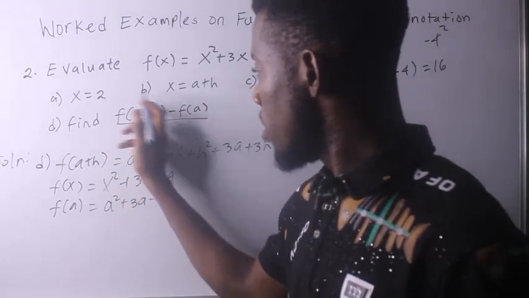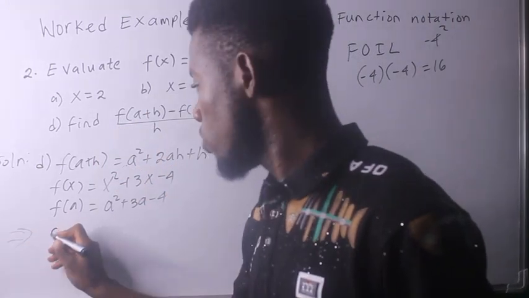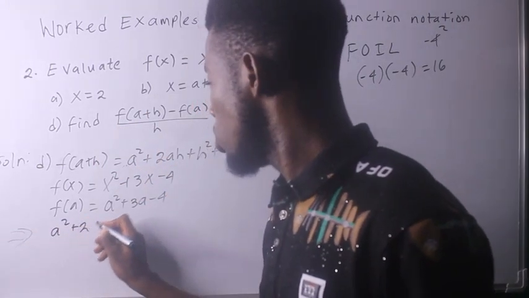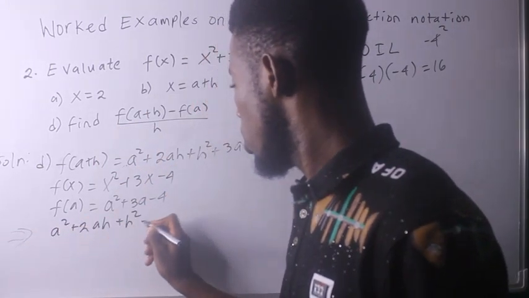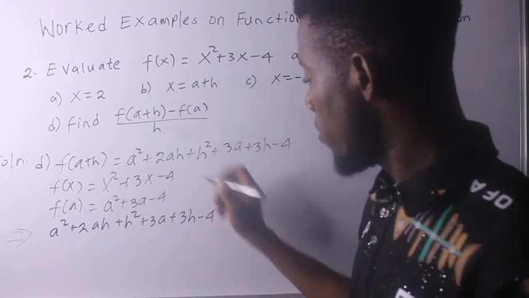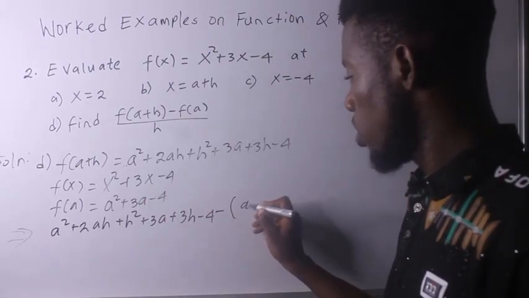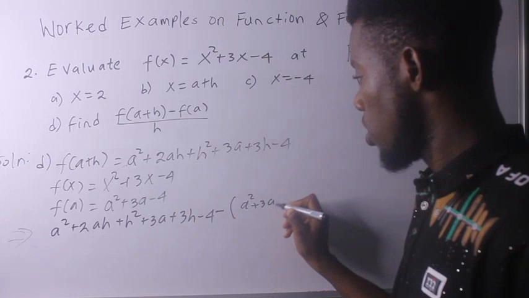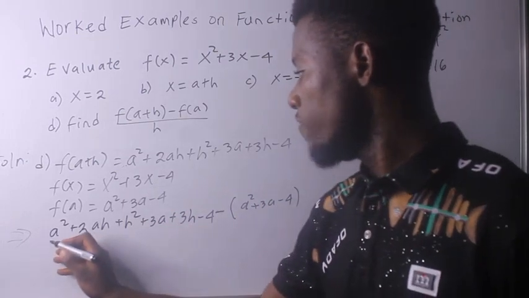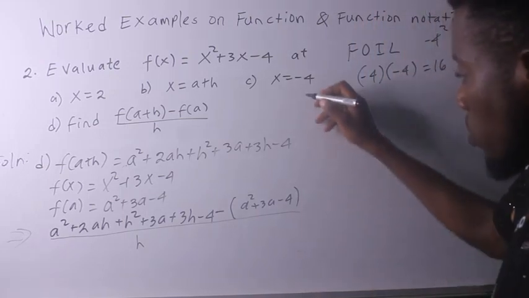So let's move on to do that subtraction. So what is f of a plus h? This is it. So we have a squared plus 2ah plus h squared plus 3a plus 3h minus 4. And then minus f of a. F of a is a squared plus 3a minus 4. All divided by h. Great.